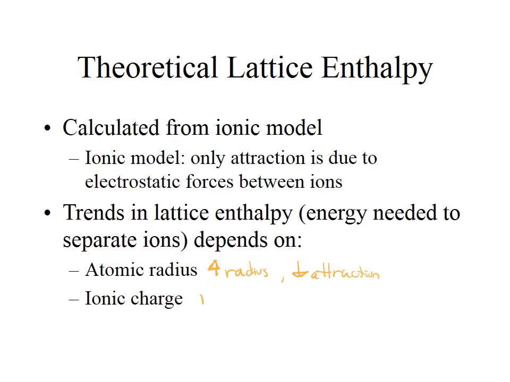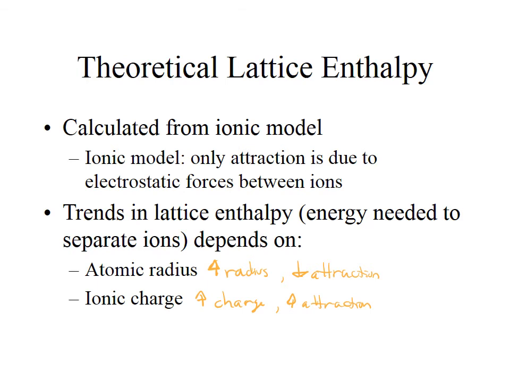Ionic charge. As you increase the charge, so +1 to +2 to +3, you are going to increase your attraction. And the reason being is, if you're looking at a metal, like sodium +1, magnesium +2, aluminum +3, aluminum has the strongest attraction because it lost 3 electrons.